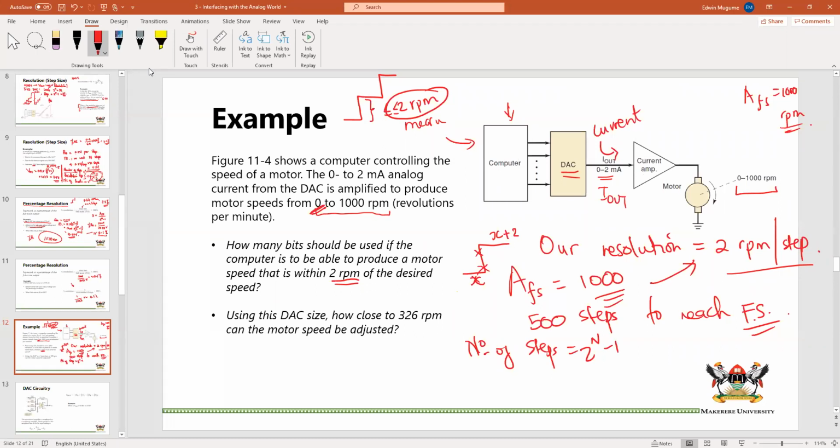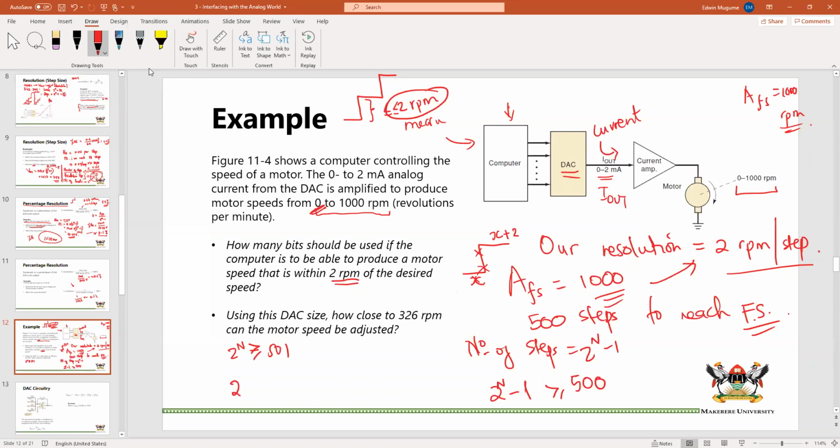And so we can say that 2 to the power n minus 1 should be greater than or equal to 500, because we don't want the number of steps to be less than 500, since that will not take us to the full scale. 500 or more can take us to full scale. So if we do the math, 2 to the power n is greater than or equal to 501.